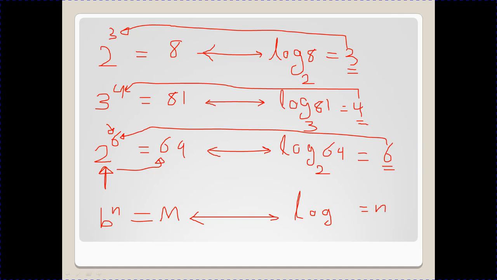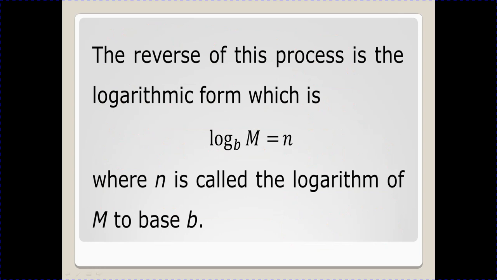What is the base? The base is p. So I have the same base for logarithm, and m goes in front of it. I read it as logarithm m at the base of p equals n, no matter what m, p, and n are. So the reverse process of exponential is the logarithmic form.